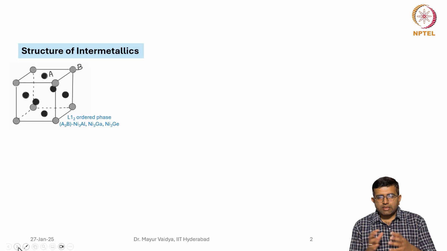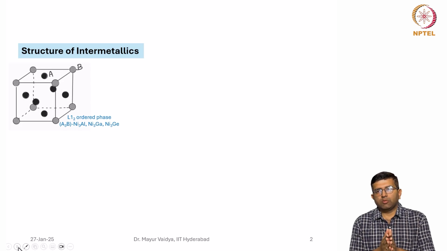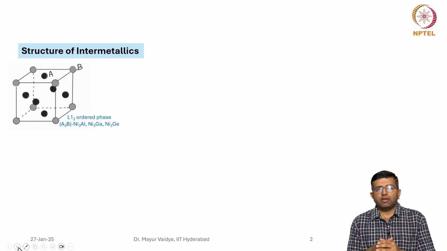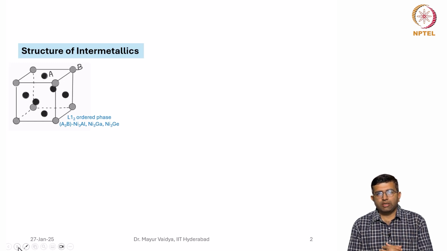Intermetallics, as many of you might know from physical metallurgy, are compounds where you have two metals or a metal and a non-metal, and usually they are characterized by an ordered structure.